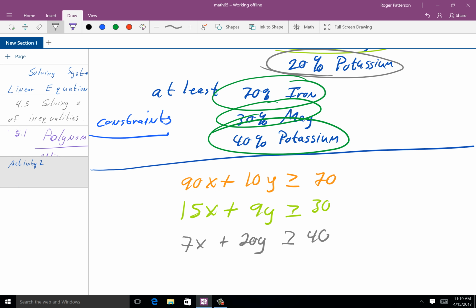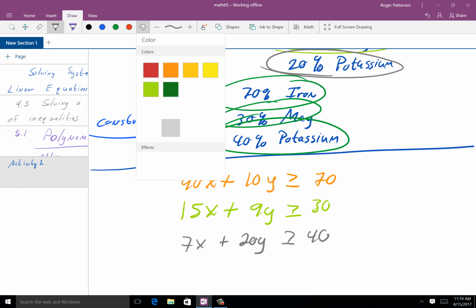Now, in your activity, I said only concentrate on the first quadrant. The reason for that is you're not going to eat negative amounts of food. So we don't even have to worry about any other quadrant but the first one, because x and y have to be positive values.